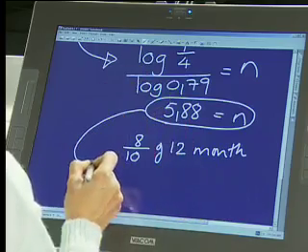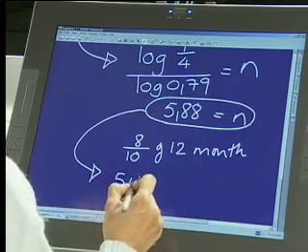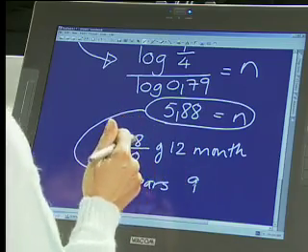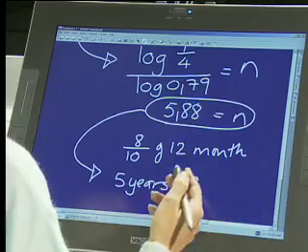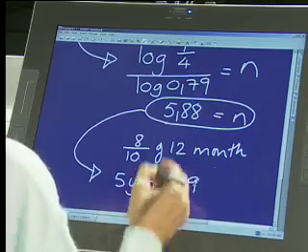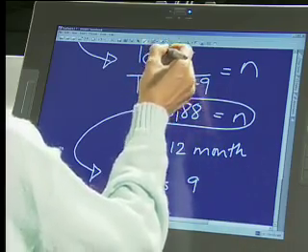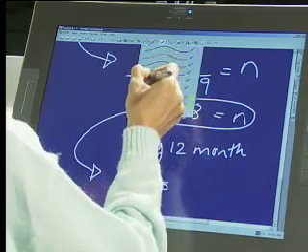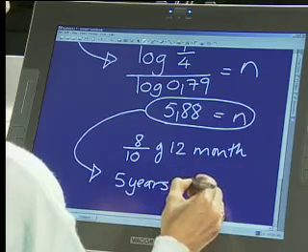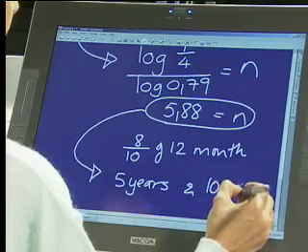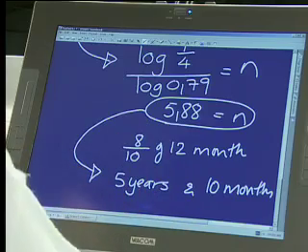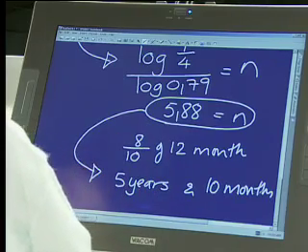So it would actually convert to 5 years and 9 months with a couple of days, and then you could calculate how many days. So for our purposes, it will take a little bit longer than 9 months. We'll actually need the extra month, so 5 years and 10 months. Your car will have depreciated to 1/4 of its value. That's how long it takes.